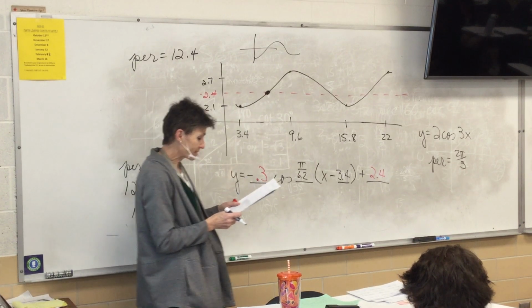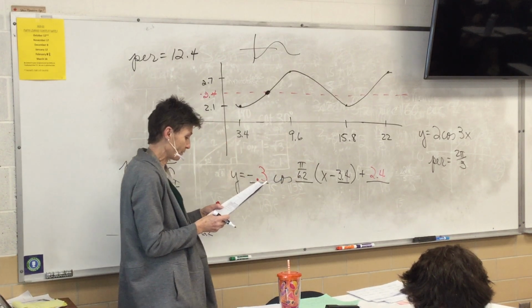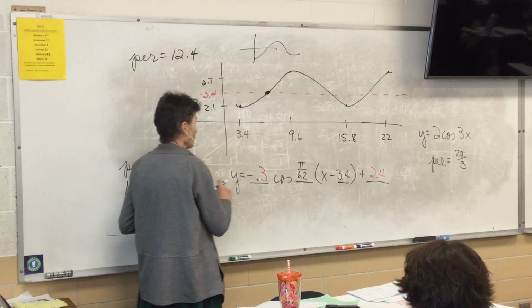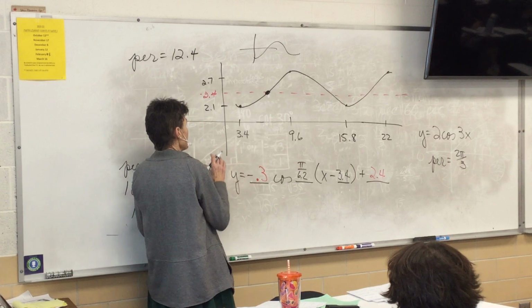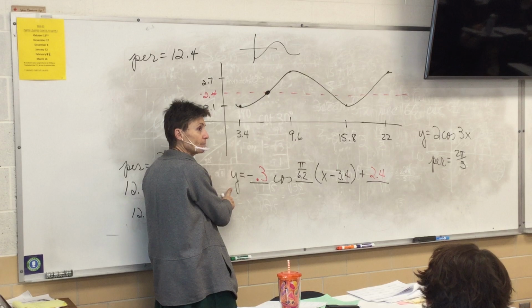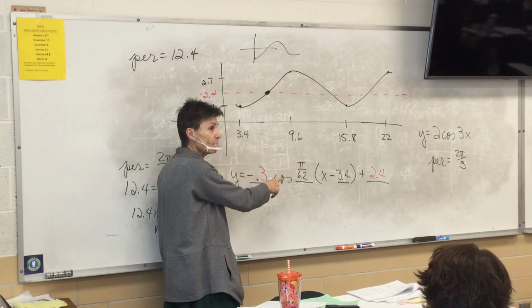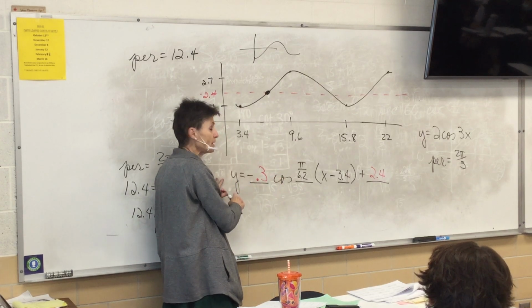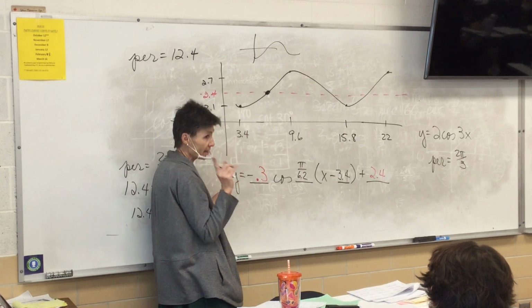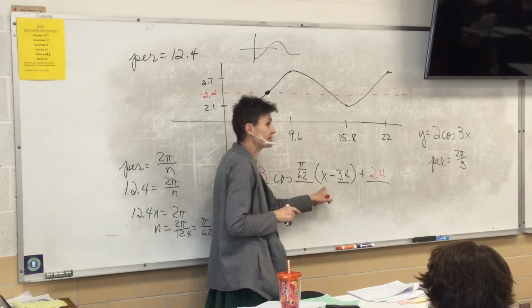What was the approximate depth of the water at 6 a.m.? Okay, now wait a second. The depth of the water is the y coordinate, right? X is the time. So if I want to know y at 6 o'clock a.m., I'm just going to put a 6 in here.